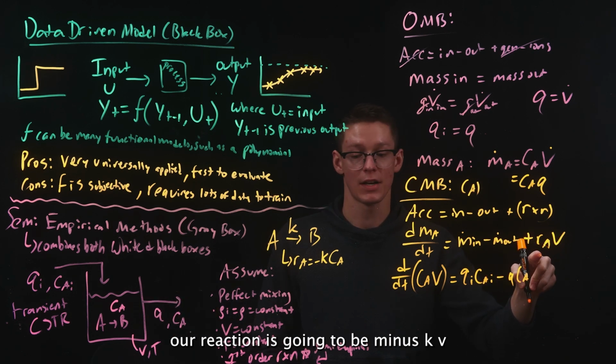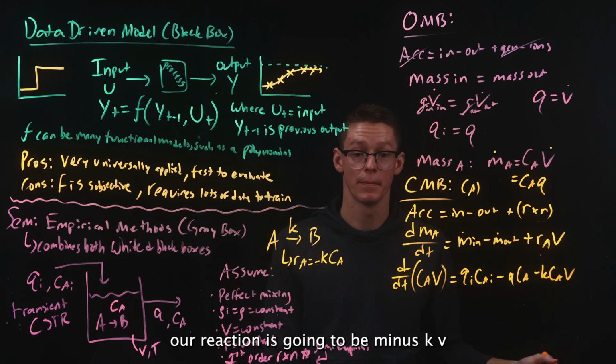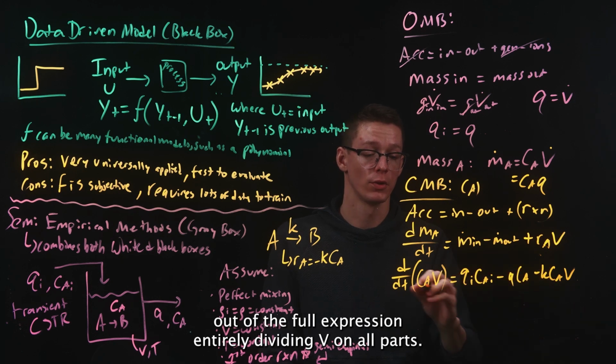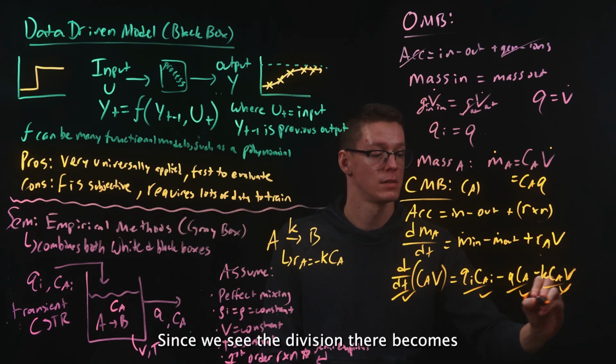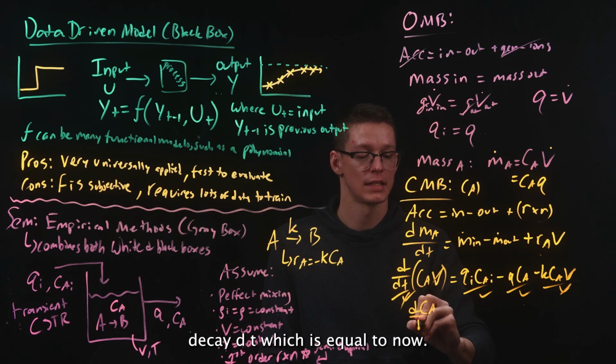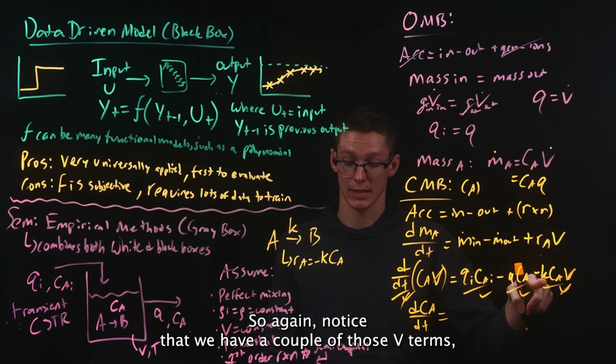Our reaction is going to be minus k CA V. We know the volume is constant, so we can pull that out of the full expression entirely. Dividing V on all parts, we see the division there becomes dCA/dt, which is equal to now Qi CAi over V, minus Q CA over V, and minus k CA.